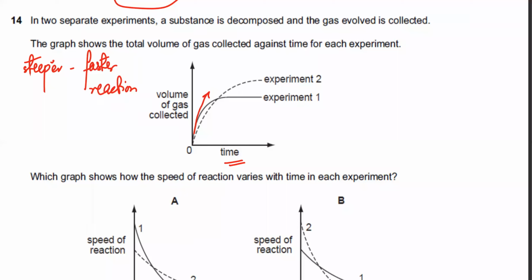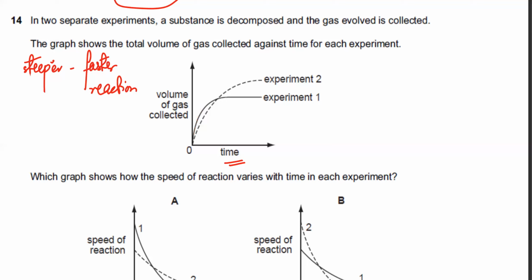So initially, which one is the faster reaction, experiment number 1 or experiment number 2? Which curve is steeper? Anyone?